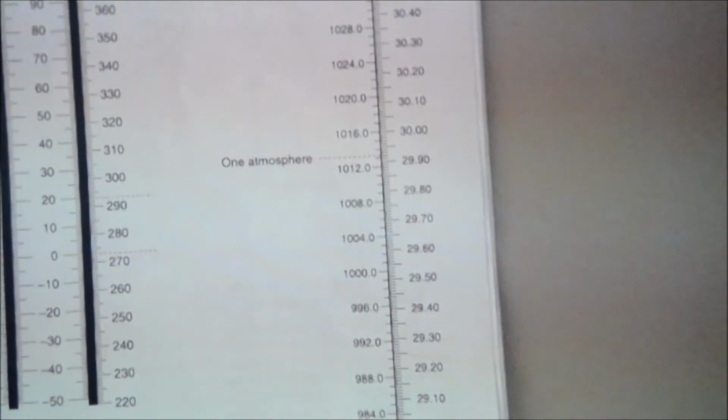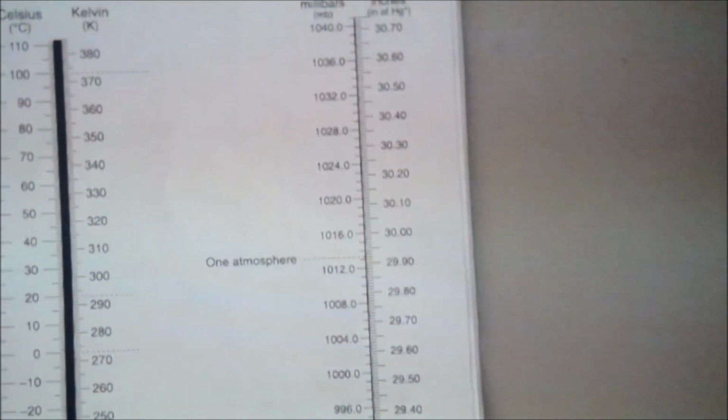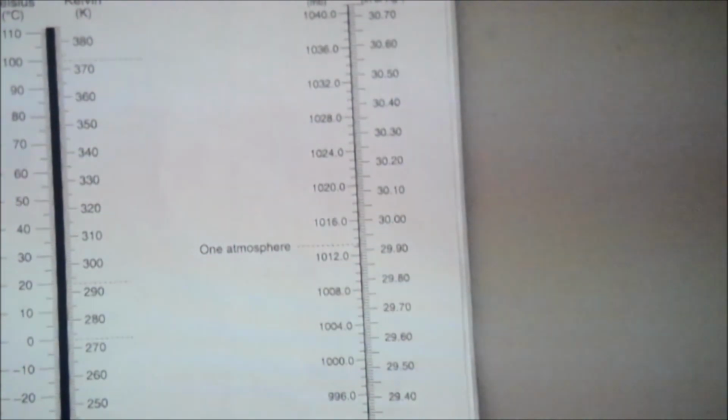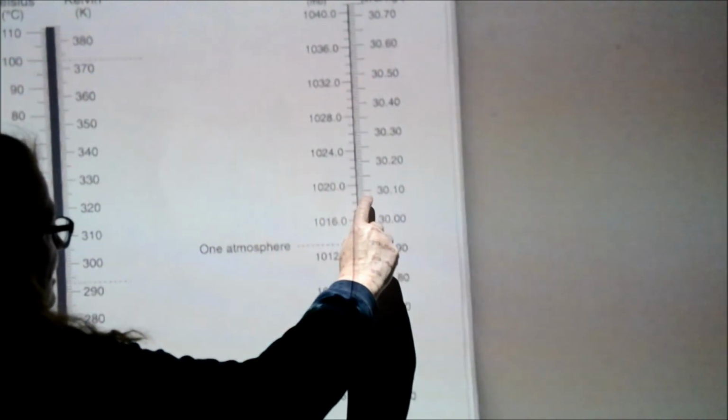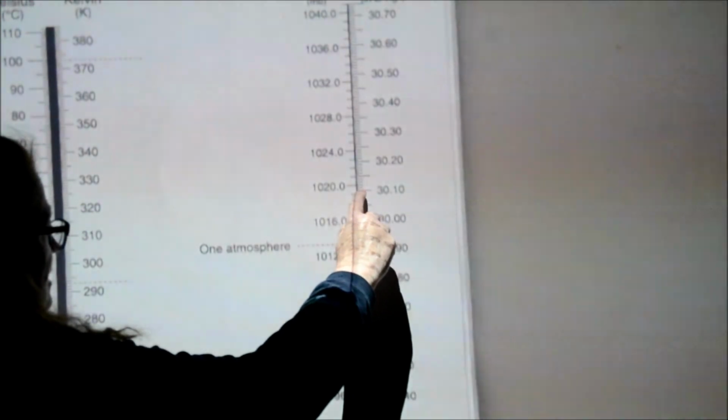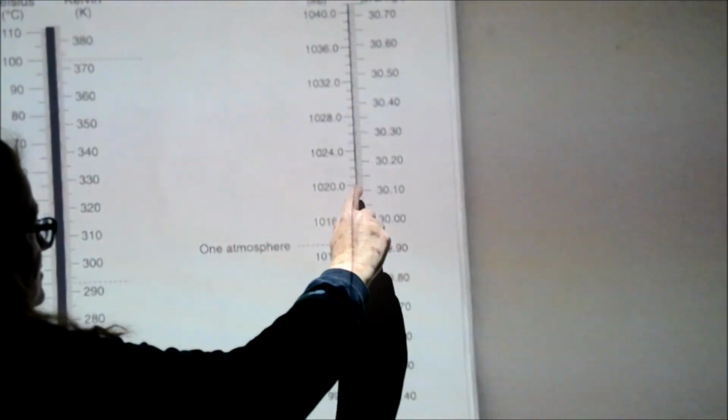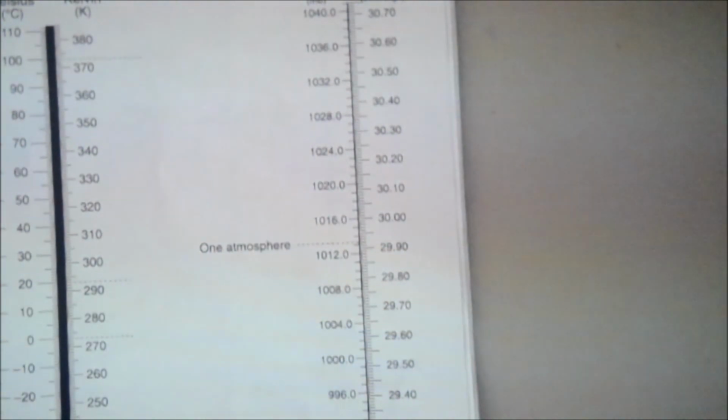Same thing, if I say the pressure is 1,020 millibars, what is that in inches of mercury? Kind of just read straight over. That's 30.10, 30.11, 30.12. So 30.12 inches of mercury.